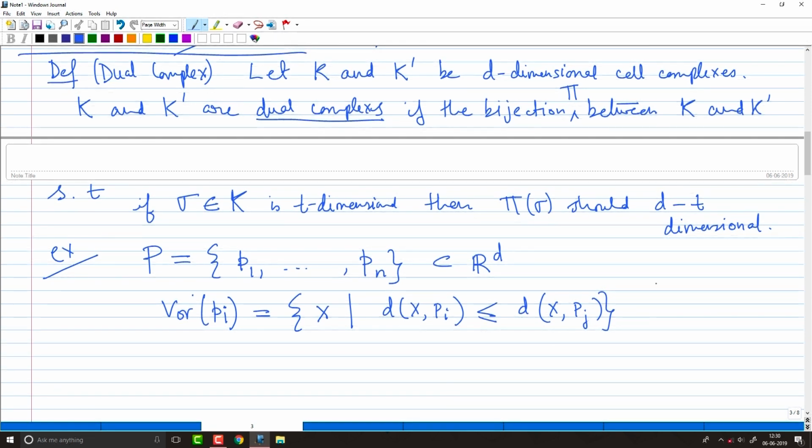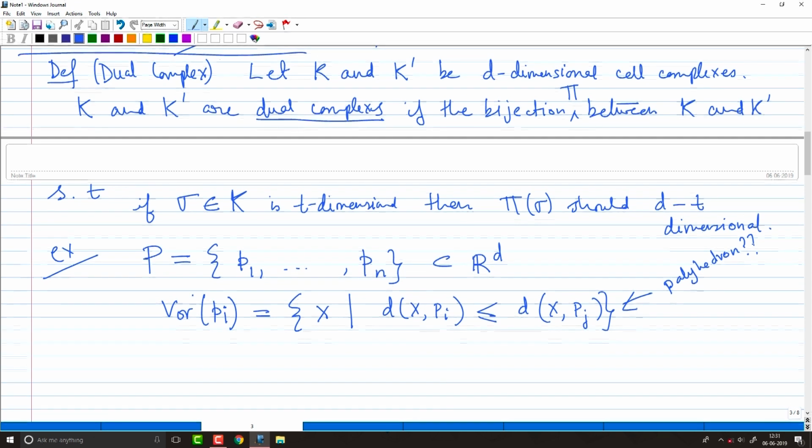Firstly, the first question: is this a polyhedron? Yes, exactly. So this is a polyhedron. How do you find it?